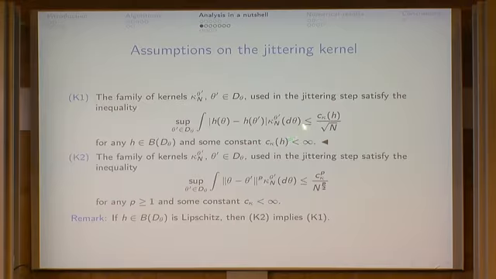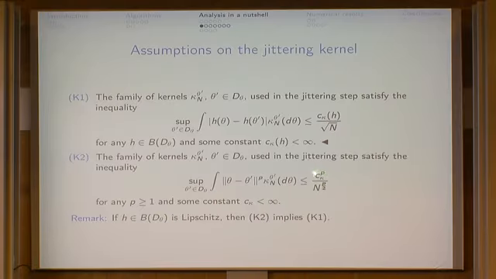Something like this. Maybe assume that you are trying to integrate a Lipschitz test function, then you only need this one here. So what I'm saying is that no matter from which parameter theta prime I start, this integral, the pth order moment, has to be controlled with some rate that depends on n.